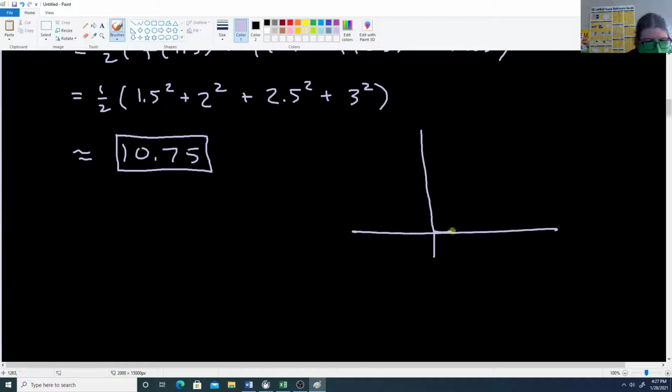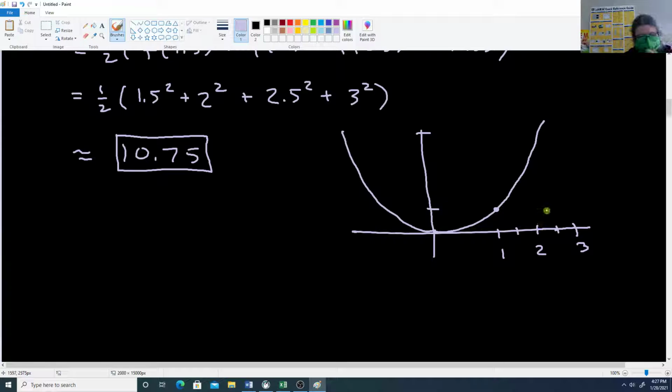So we'd say here's x squared, it looks like that. 1 is here at 1, and say 3 is way out here at 9. We had 2 there, 1.5 there, and 2.5 there. Basically what we did is we went up and got 1.5 squared, and we built our first bar that way.